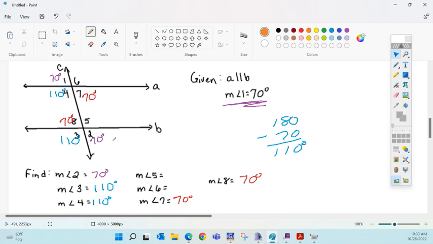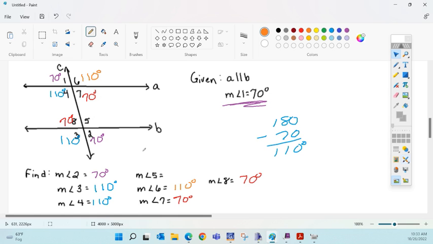Rick, do you know either 6 or 5? They're both 110, right? Why is 6 110? Somebody help Jordan. You want to help? Because it's vertical angle with 4. Sure, that works. Okay.